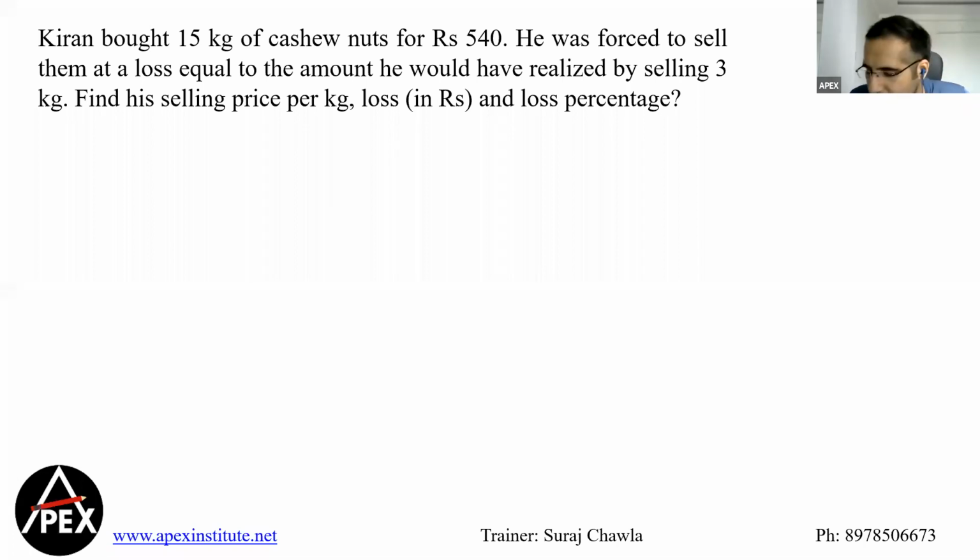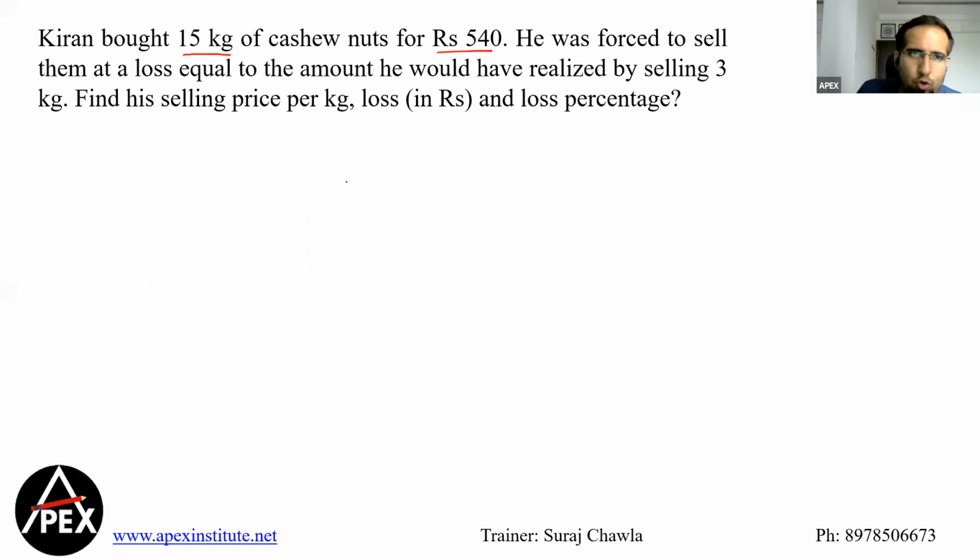Kiran bought 15 kgs of cashew nuts for rupees 540. He was forced to sell them at a loss equal to the amount he would have realized by selling 3 kgs of cashew nuts. Find the selling price per kg, the loss, and the loss percentage.